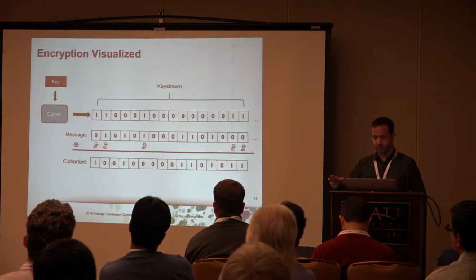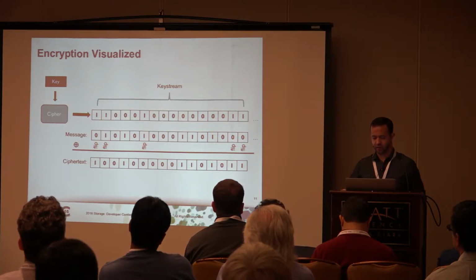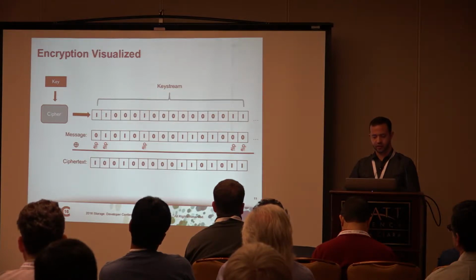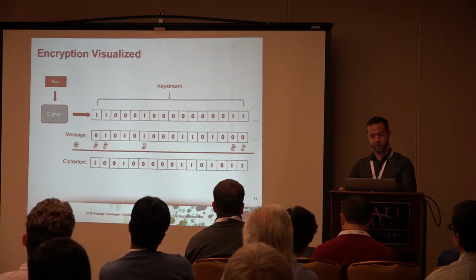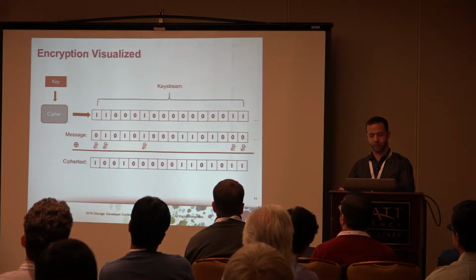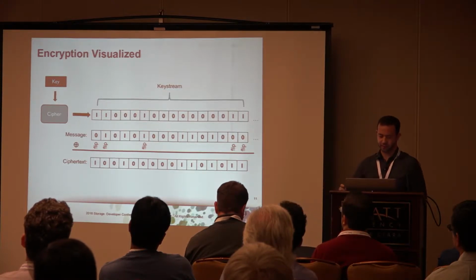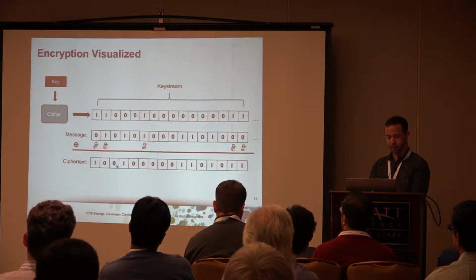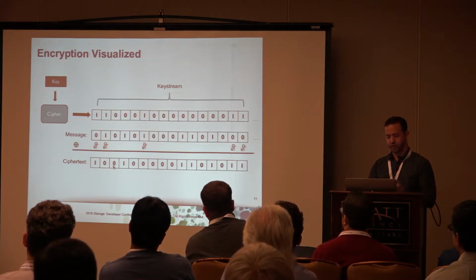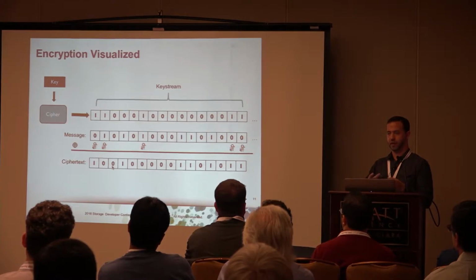You might wonder, how does this provide any security? But it's actually fully secure in that you learn no information from the ciphertext about the message, because if you consider any one of these bits, you know it underwent a 50% probability of having been flipped or not flipped.